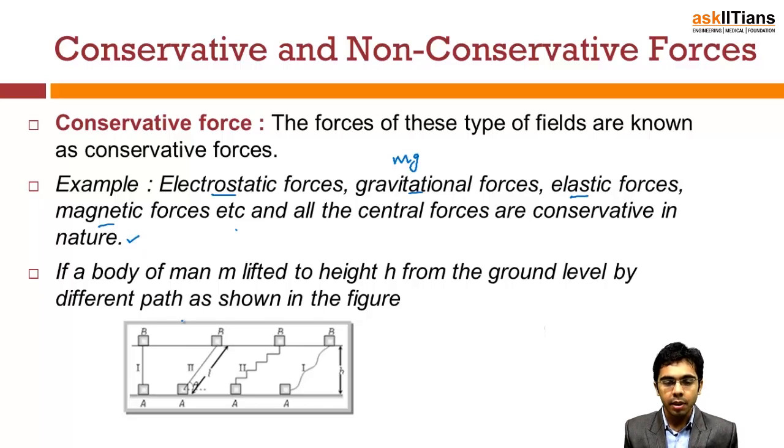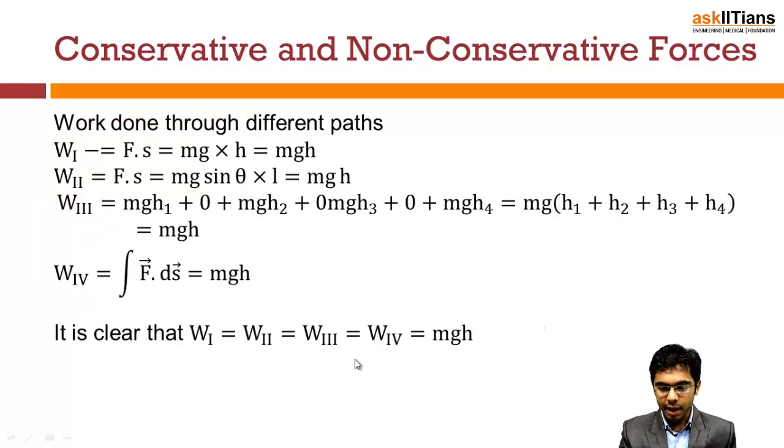Now this is an example: a body of mass m is lifted to a height h, the distance between A and B, from the ground level by different paths, as shown in the figure. The work done through different paths is the work done by the external force, and this external force is doing work against gravity, against the mg force.